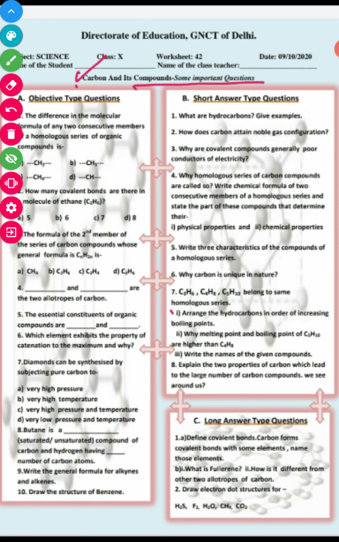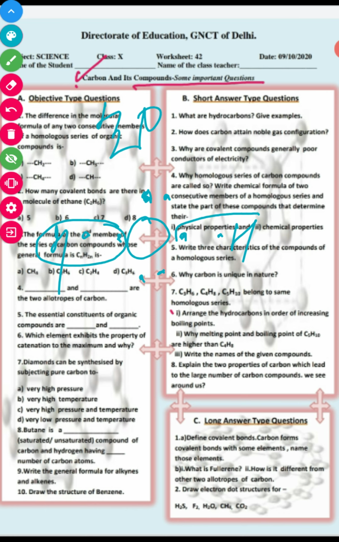Next we have water, H2O. Oxygen has 6 valence electrons, 1, 2, 3, 4, 5 and 6, and here 2 hydrogens are attached. So this is the structure of water.